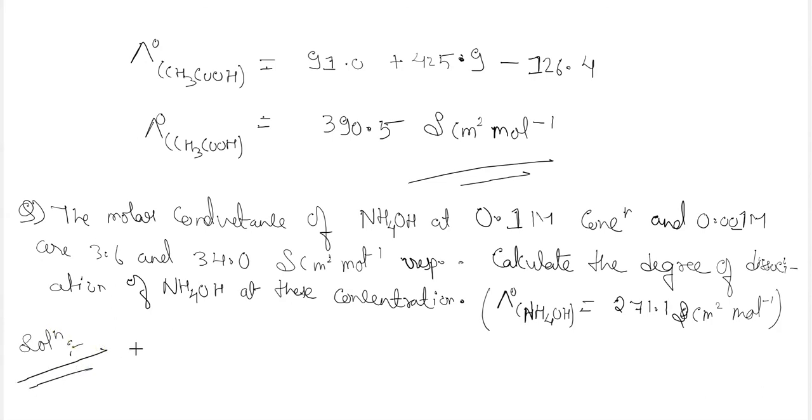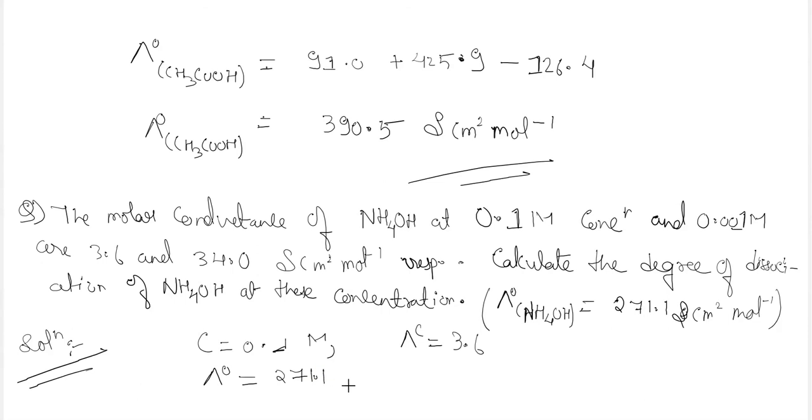Here we have to calculate the degree of dissociation, which means we have to find the value of alpha. Two concentrations are given. One is 0.1 molar, where the molar conductance is 3.6. And for infinite dilution, the molar conductance of NH4OH is 271.1.